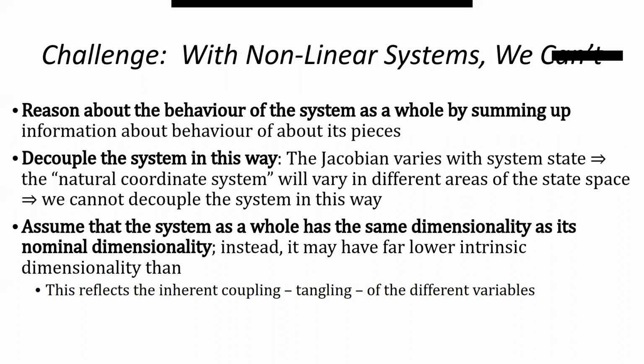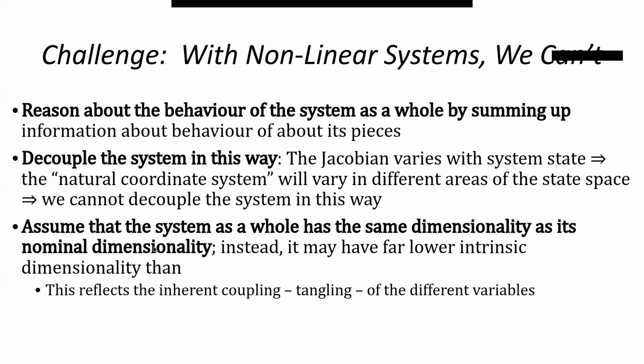It does mean we can't reason about the behavior of the system as a whole by just summing up its pieces. We can't, through some clever transformation, just deal with the pieces and not have to worry about the whole. We have to deal with the whole elephant, folks. And we have to do so in a way that attends to the fact that the behavior of the system as a whole can be very different from those pieces, and each piece in isolation.